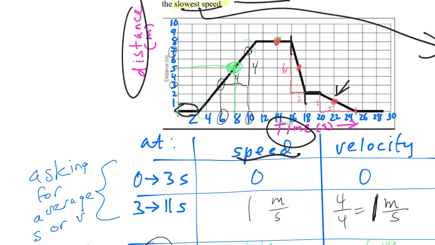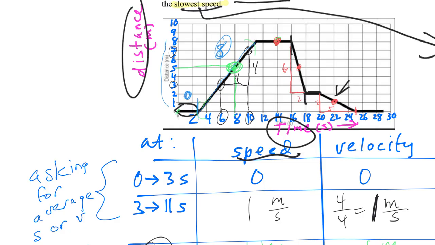From 0 to 3, I did 0 distance. From 3 seconds to 10 seconds, I did 8 meters. So let me just keep a running tab here.